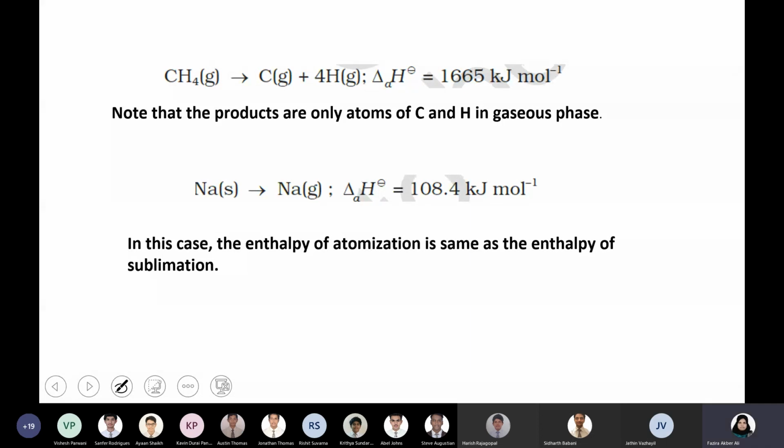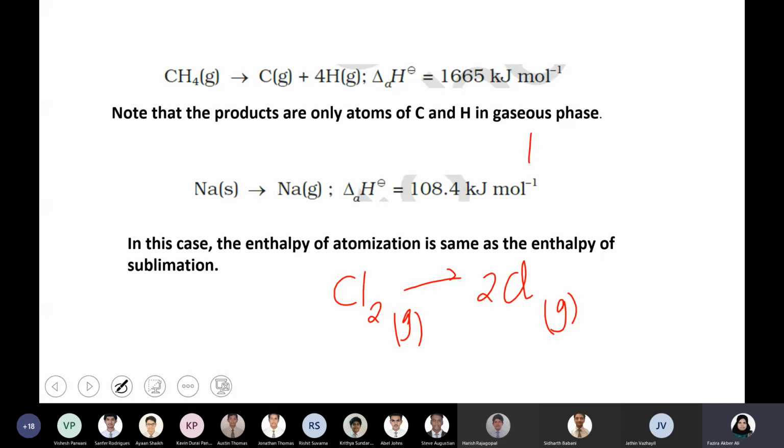Enthalpy of atomization of the chlorine molecule: Cl2 gas turns to 2Cl gas. Because it's a diatomic molecule, you just have to break the bond to get the atoms in the gaseous state. So here only bond breaking is taking place.